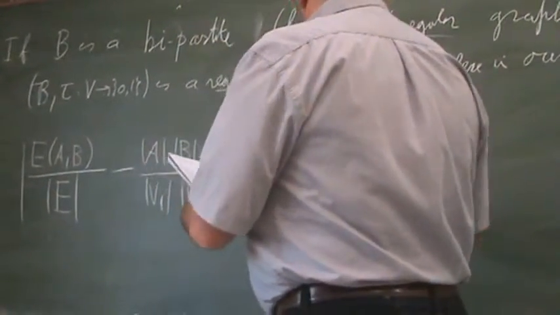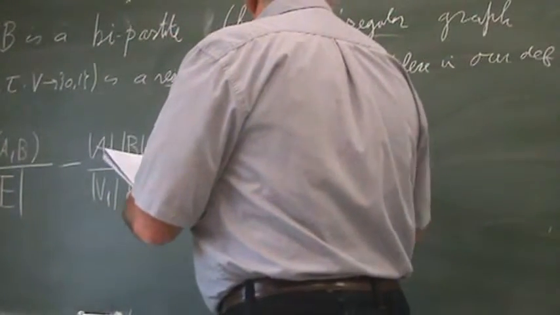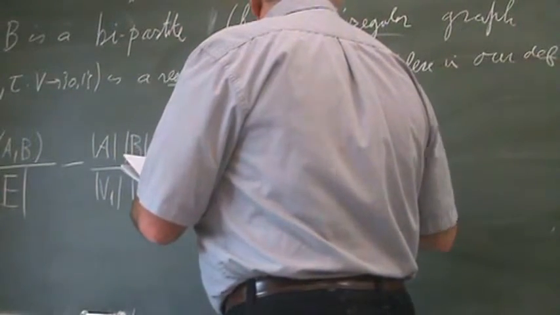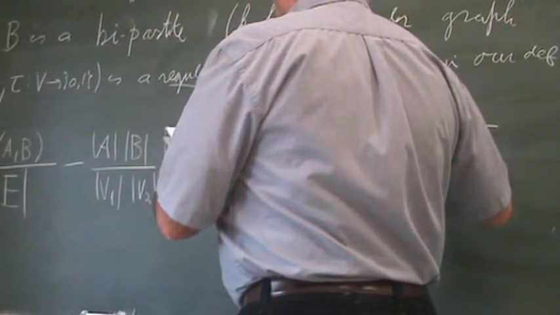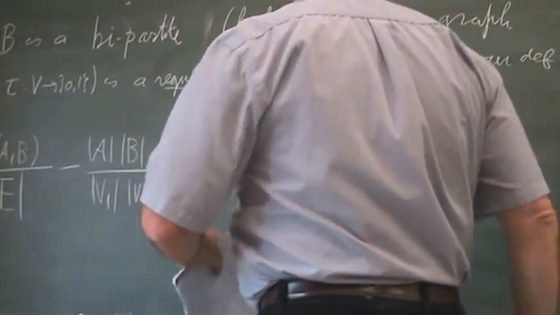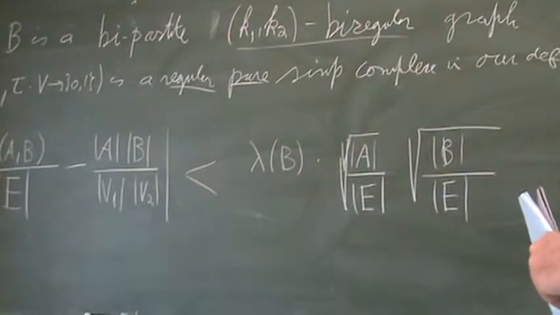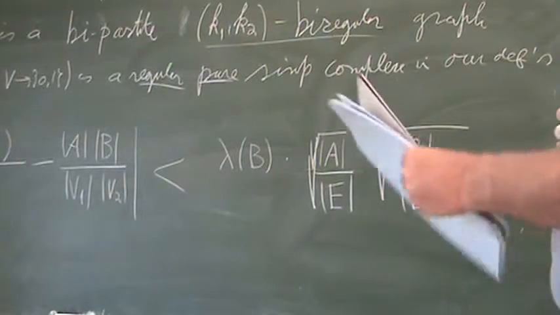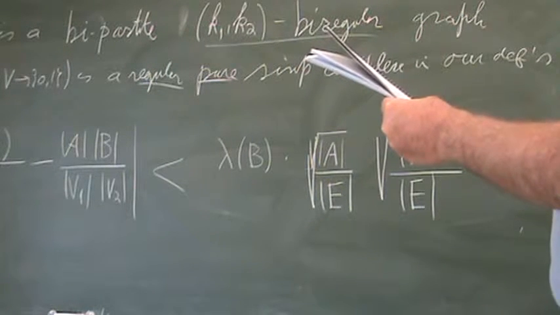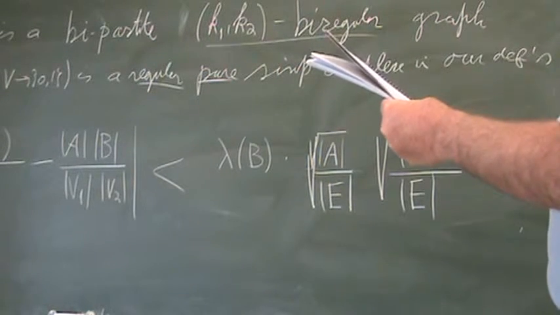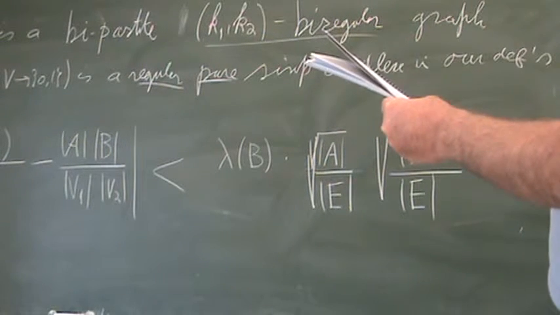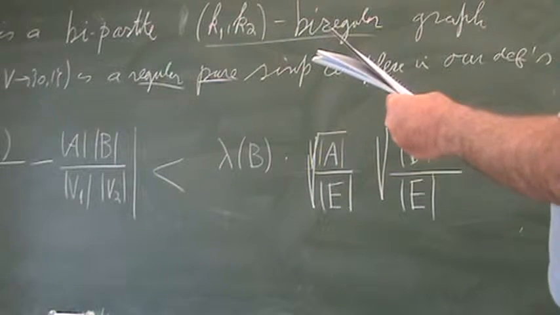So this divided by E, this divided by B divided by E, that's what I did. What's the lambda of B?